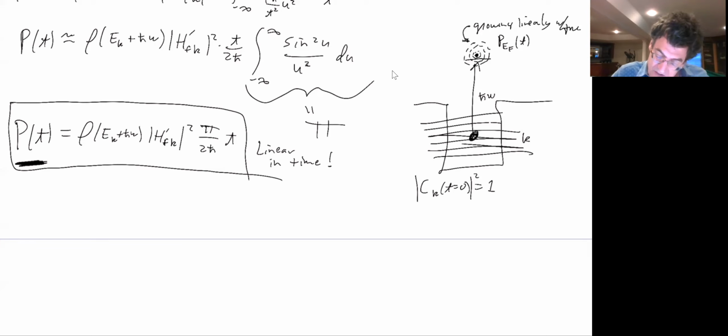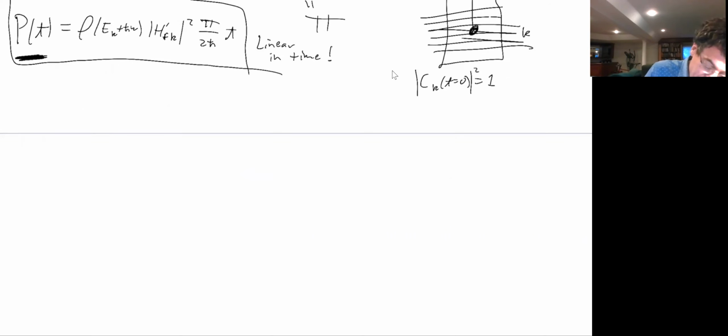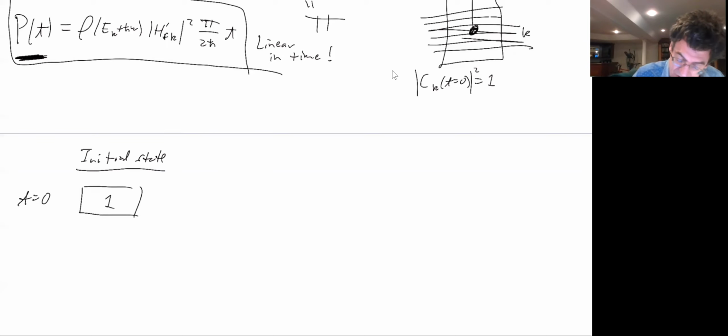So the way to think about it is that the probability is flowing from this one state into these continuum states. It's flowing in that direction. And so it's sort of like saying that at t equals 0, all of my probability, probability equals 1, is in my initial state, and my final state has no probability.